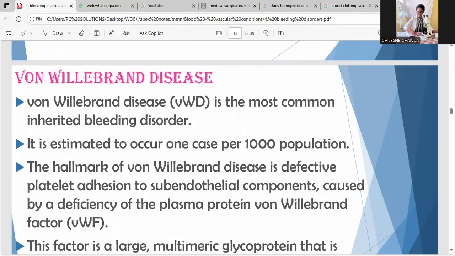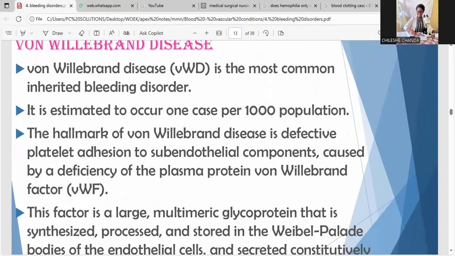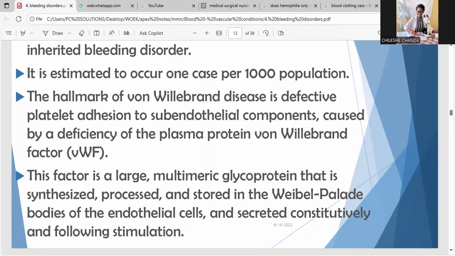Okay, we have von Willebrand disease. Von Willebrand disease is the most common inherited bleeding disorder. The hallmark of von Willebrand disease is defective platelet adhesion, where the platelets are unable to adhere to one another or to the subendothelial components. And this one is caused by a deficiency of this factor known as the von Willebrand factor.